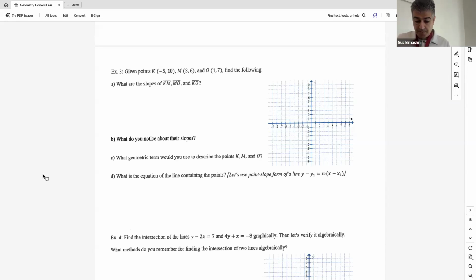What do you notice about them? Then figure out what you would say for part C, and then write an equation of the line that contains the points. Go and try example three. I'll show you my answers in a moment.